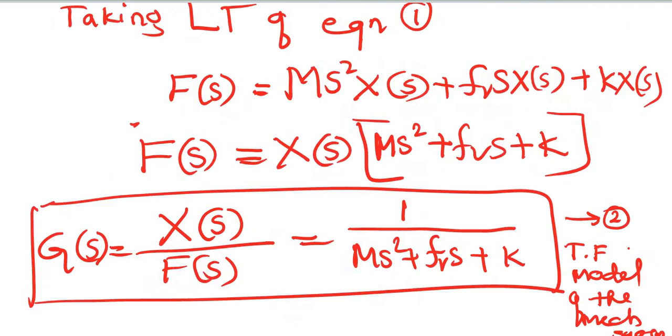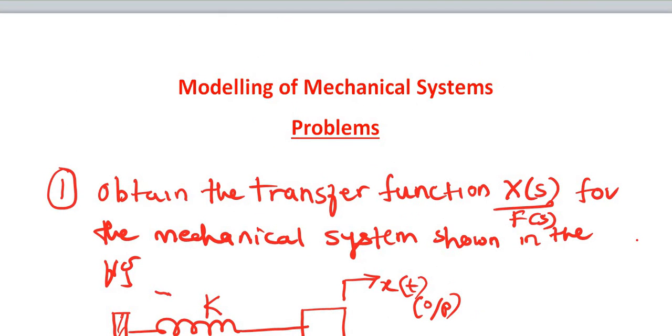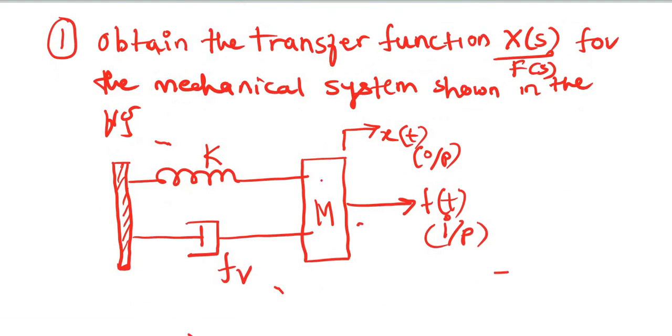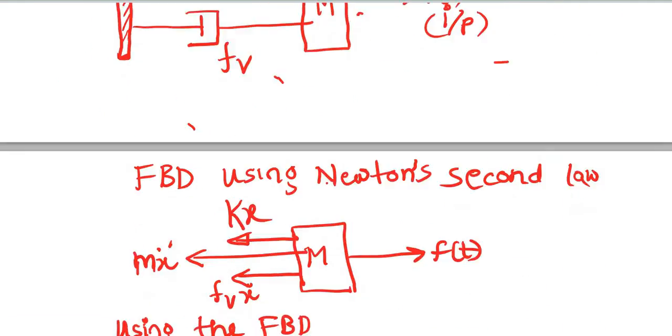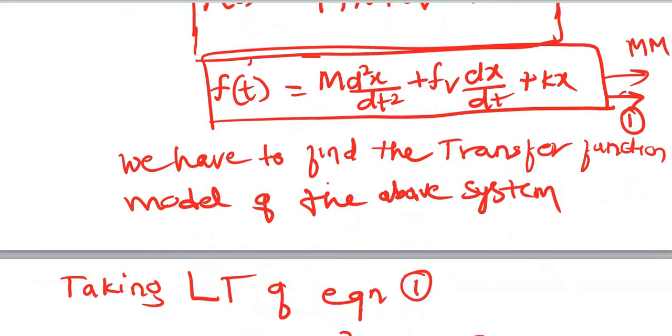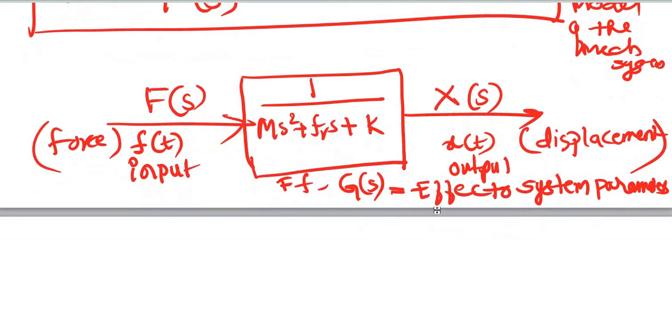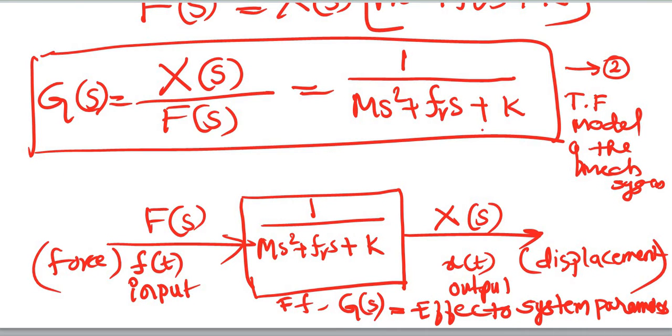I think all of you are clear on problem number 1: obtain the transfer function X of s by F of s for the mechanical system shown in the figure. First you need to draw the free body diagram, then apply Newton's law, then obtain the Laplace transform and develop the transfer function model of the control system.